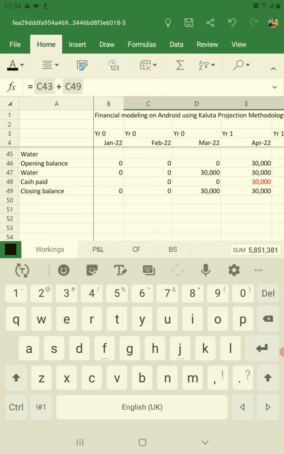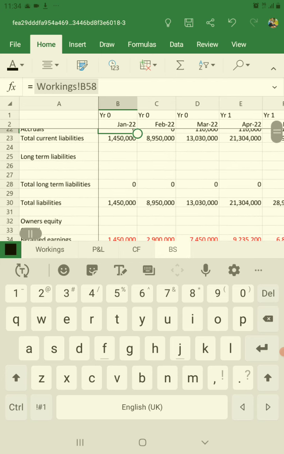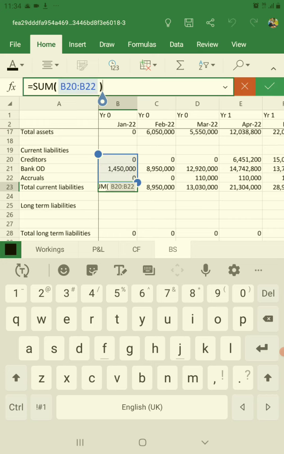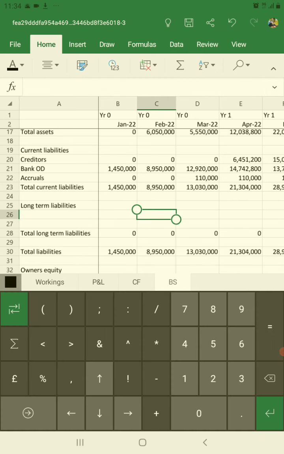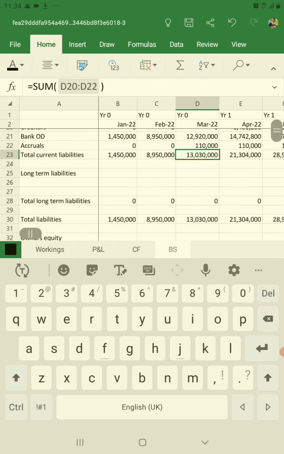And this one, if I go to the balance sheet again and look at accruals, it has picked workings B58. Maybe I should look at the total current liability formula here. It has captured all up to B22, and this okay up to here.